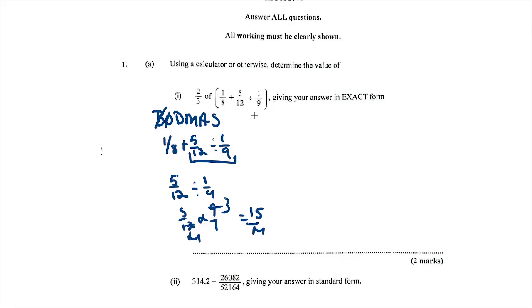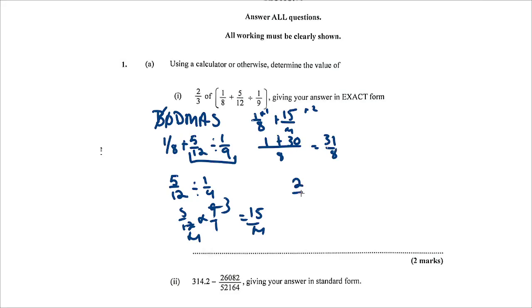Then we have 1/8 plus 15/4. The denominators are different, so we have to find the LCM. 1 plus 30 is equal to 31/8.